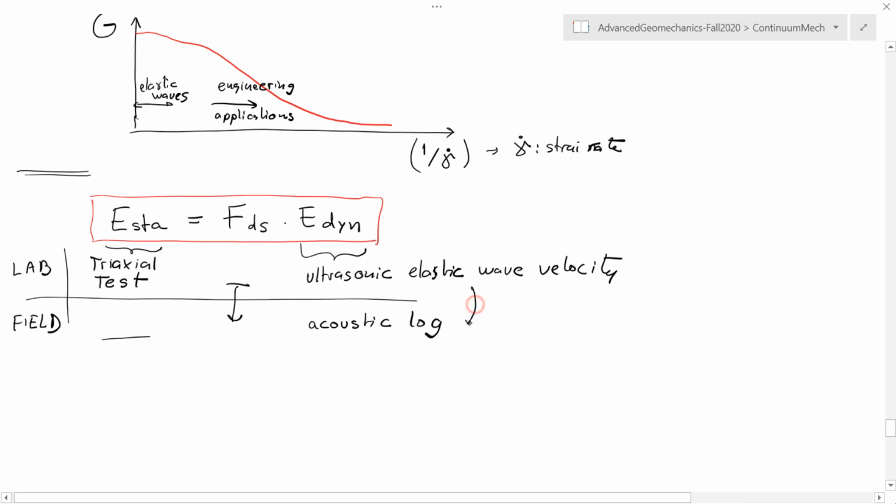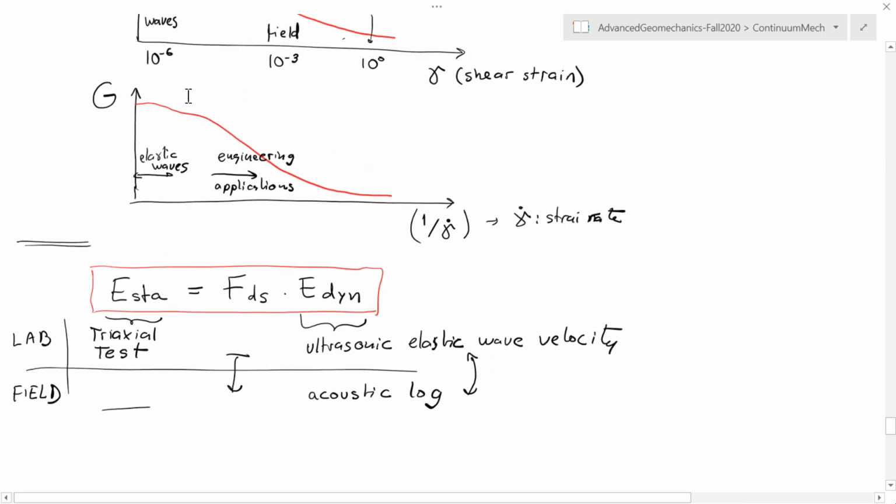The conversion from here to here, I have to tell you, is not trivial. And it involves many processes, which I also mentioned briefly over here, that depend on the viscoelastic properties of the rock and frequency effects. But to keep the discussion short in this lecture, let's just assume that they are similar. So this is everything then that you need.